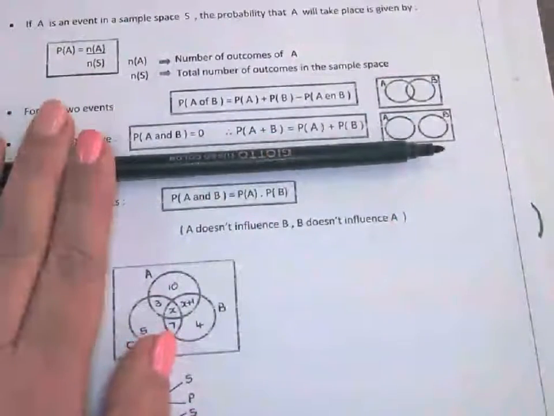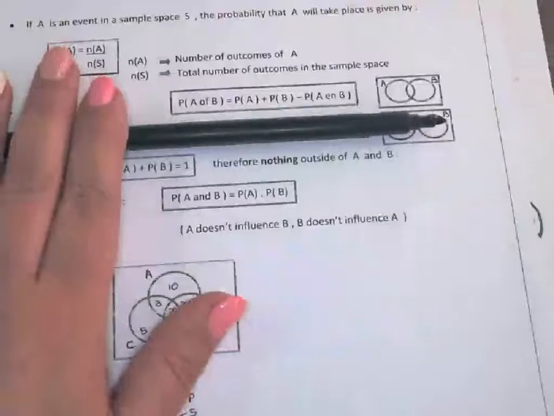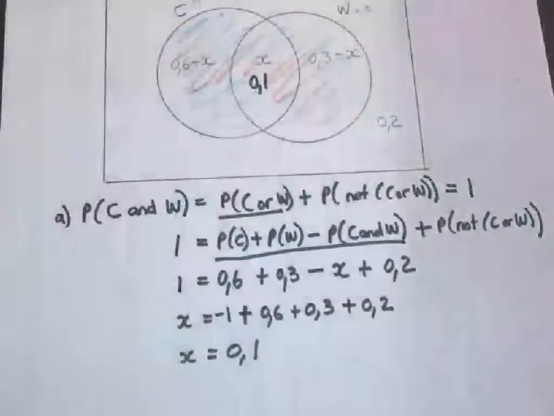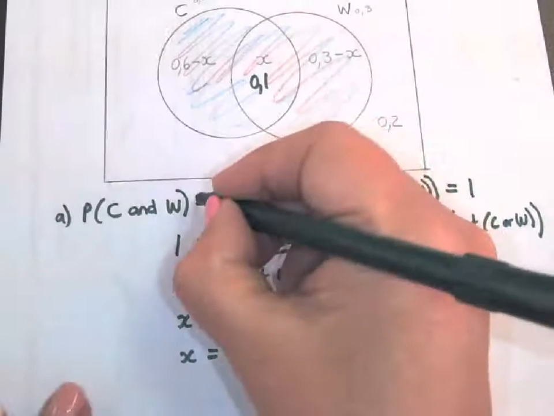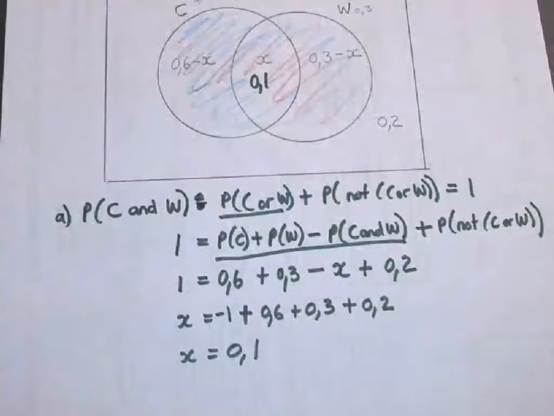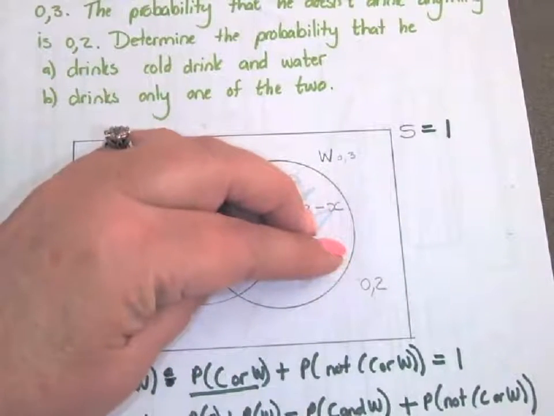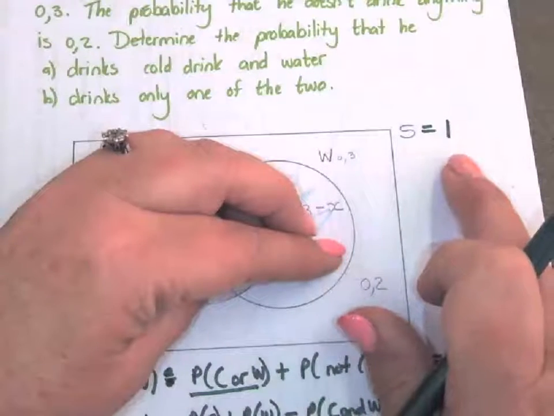No, the one on top. Oh, the one on top. You could also have used that one. The one that you did, is it a fixed formula or do you just have to figure it out? It's a fixed one. All the inside probabilities plus the not inside equals 1.